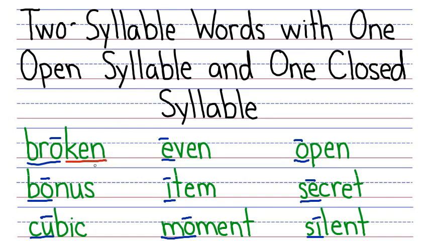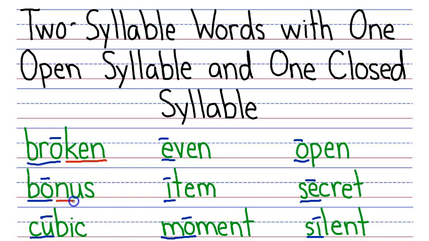In broken, the closed syllable is ken. You should remember from our closed syllable lesson that a closed syllable is a syllable with a single vowel letter that's closed in by one or more consonant letters. So in ken, we've got the single vowel letter E that's closed in by the consonant letter N, and therefore it's a closed syllable.